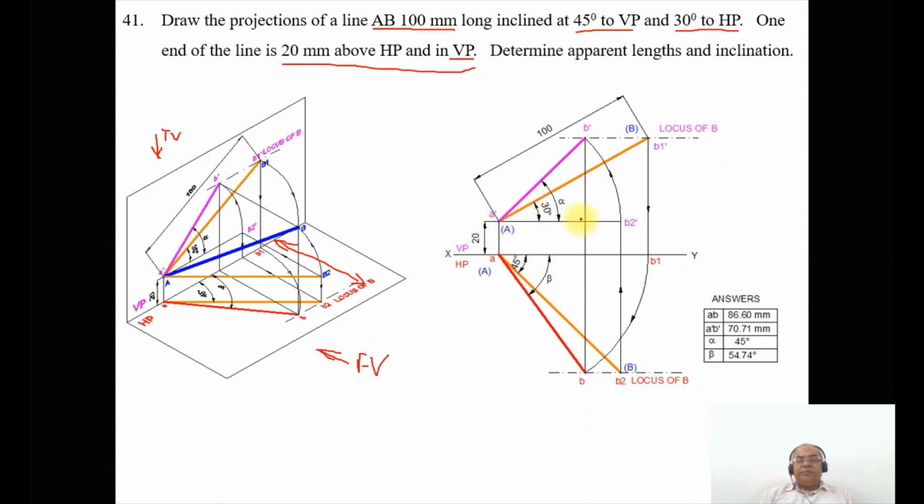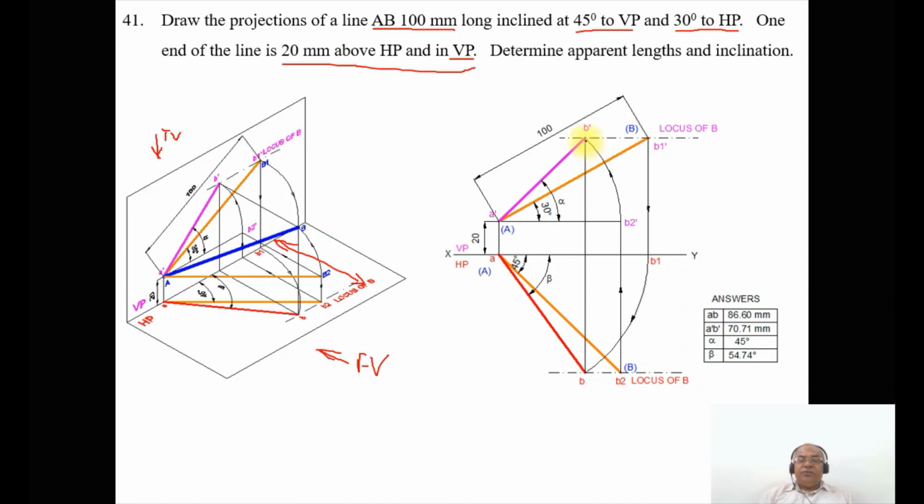So A dash B2 dash is parallel to the XY line in the front view, because the true length in the top view is AB2. Then with A dash as center, taking the radius of A dash B2 dash, you draw an arc such that it cuts the locus of B in the front view here, and you mark this point as B dash and join A dash B dash with a dark line.